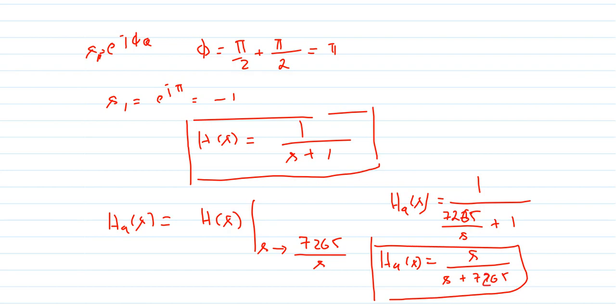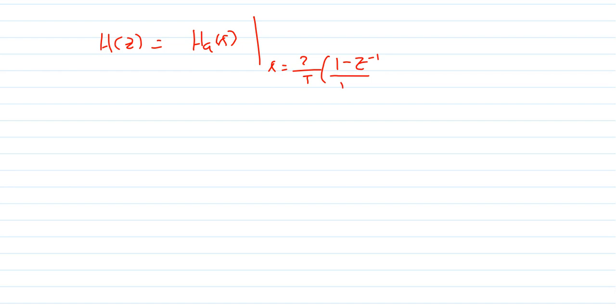Now we have to convert this into a digital transfer function. How to convert it? To get my H of z from my HA of s, the analog transfer function, I have to replace s equal to 2 by T into (1 minus Z inverse) by (1 plus Z inverse). That's how you apply the bilinear transformation.